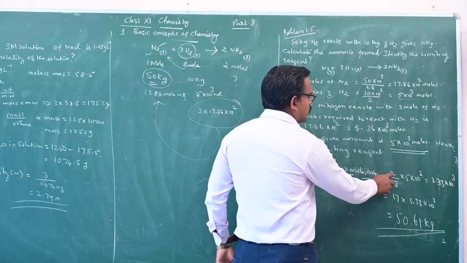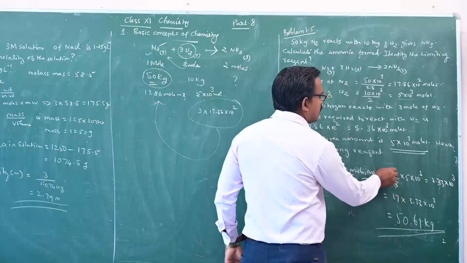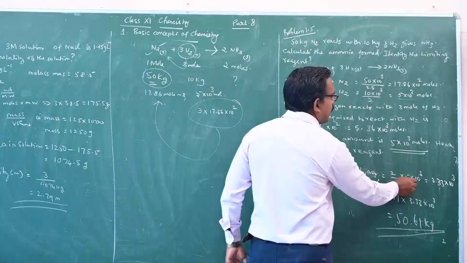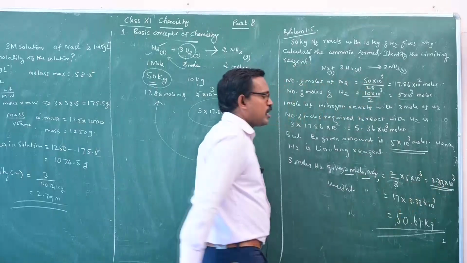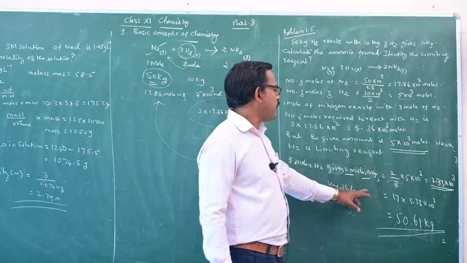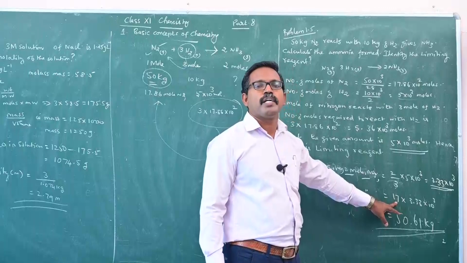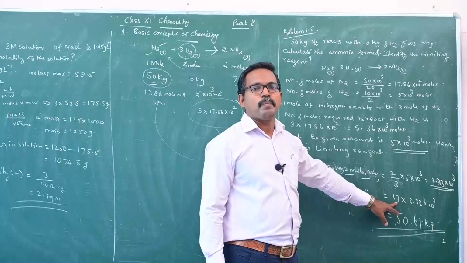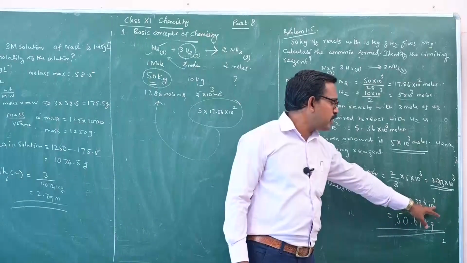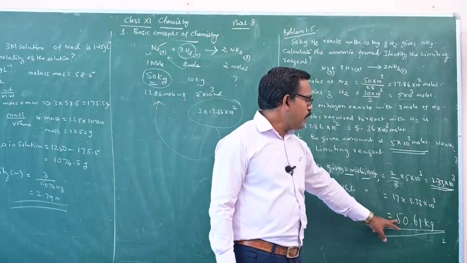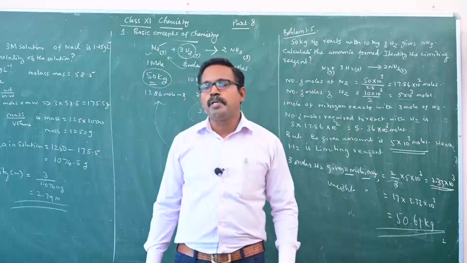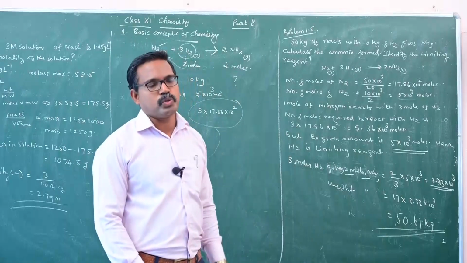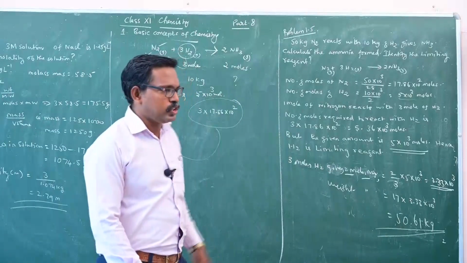Therefore 2 by 3 into 5 into 10 to the power 3 gives 3.33 into 10 to the power 3 moles of ammonia. Weight of ammonia formed is moles times the molar weight, 17 into 3.33 into 10 to the power 3. Therefore 50.61 kilogram of ammonia is formed during the process. So this is the limiting reagent.